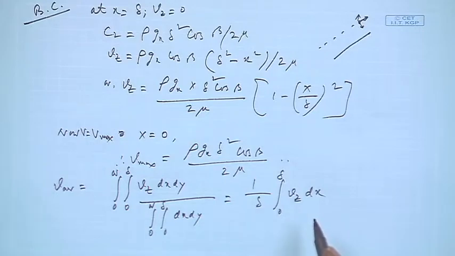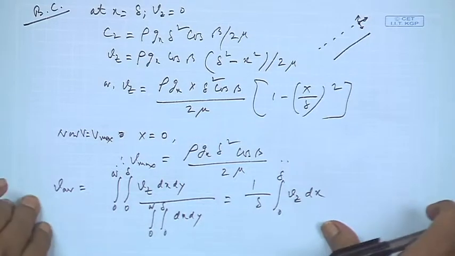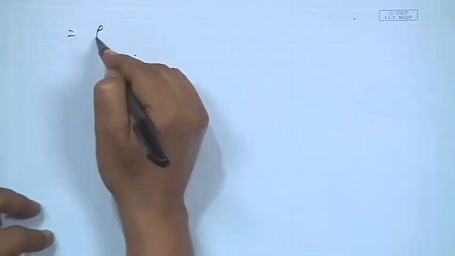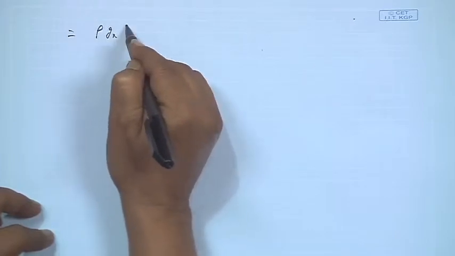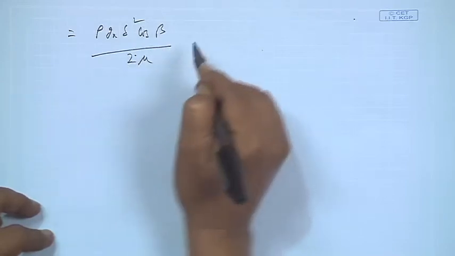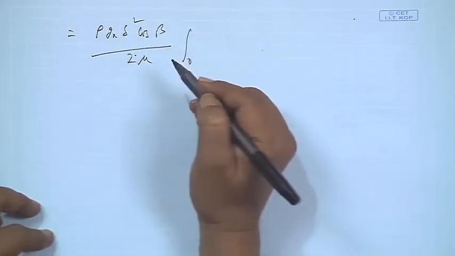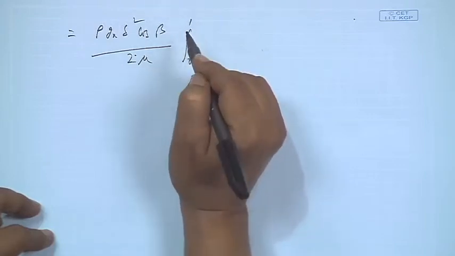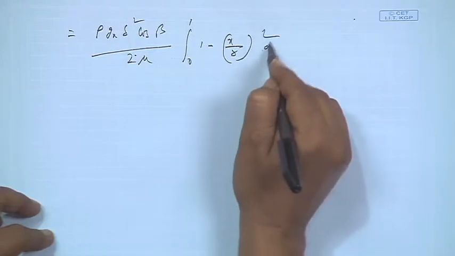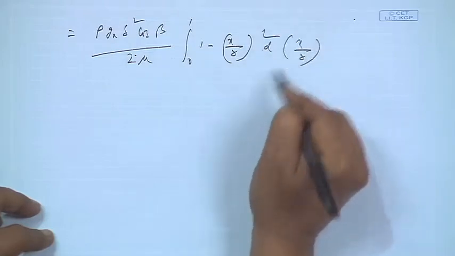Vz we have already found, and this equals rho gx del square cos beta by 2 mu, integral 0 to 1 of 1 minus x by del, whole square, d of x by del.